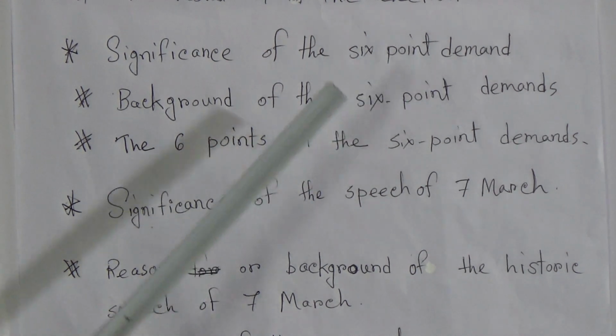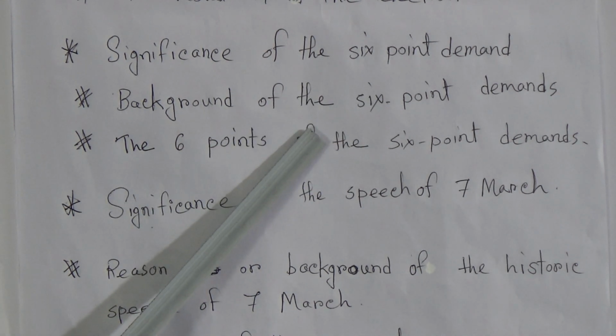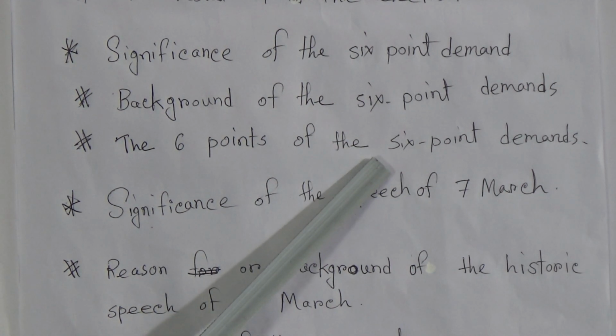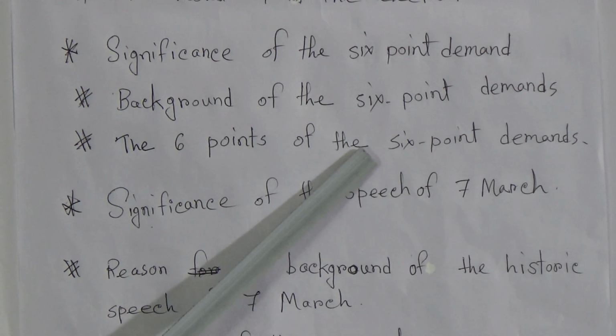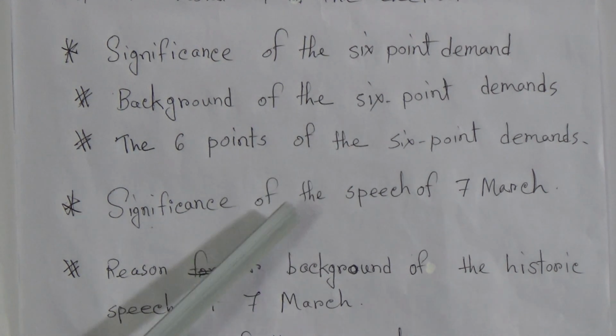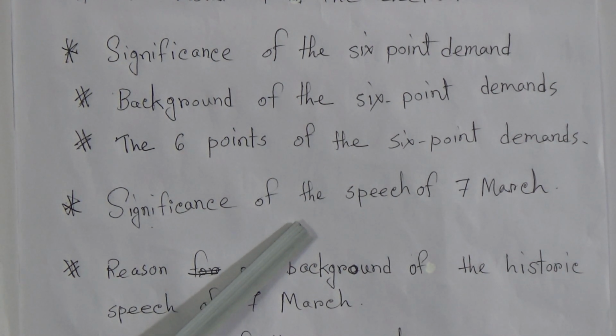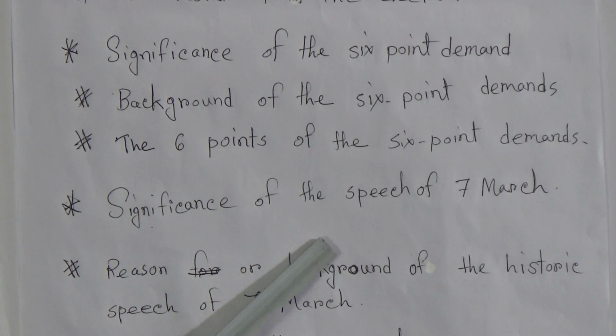As the speech of 7 March is an immortal speech for the people aspiring freedom, and it is actually the formal call for independence by Bangabandhu. Okay, in this speech he actually highlighted the strategy of war, ways to face enemies, resisting techniques, etc.